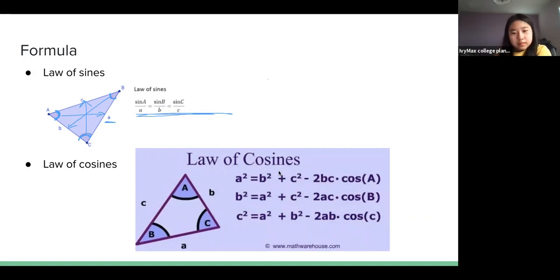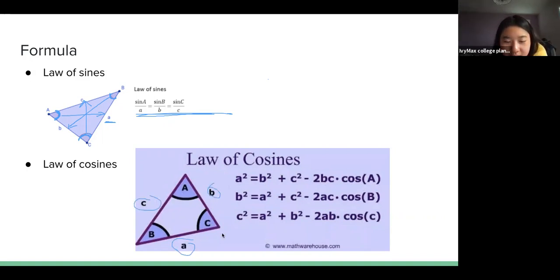And then for the law of sines, you have a triangle right here, and I'm pretty sure you have the lengths a, b, c.